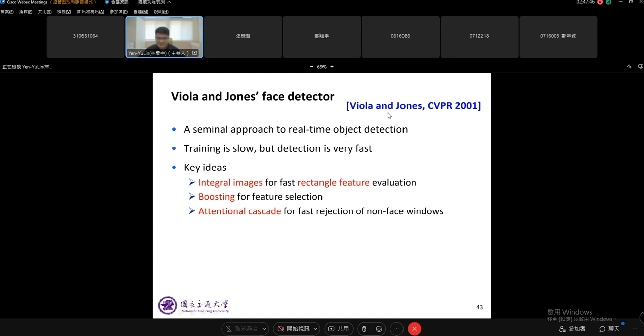With this method developed based on AdaBoost, it can carry out real-time face detection. This is the first real-time face detection algorithm in the literature. It can process more than 15 frames per second on a Pentium machine. Pentium was the CPU at that time. The training process is slow, but the detection is very fast.